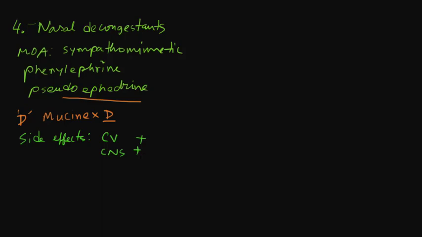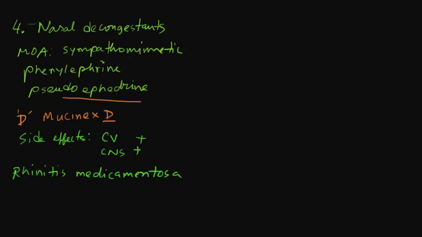And if these drugs are used in a chronic fashion, for long-term use, they can produce a side effect like rhinitis medicamentosa. This is basically due to the activation of beta adrenergic receptors, which leads to vasodilation. So ultimately, if you use it for the long term, the rhinitis becomes worse.